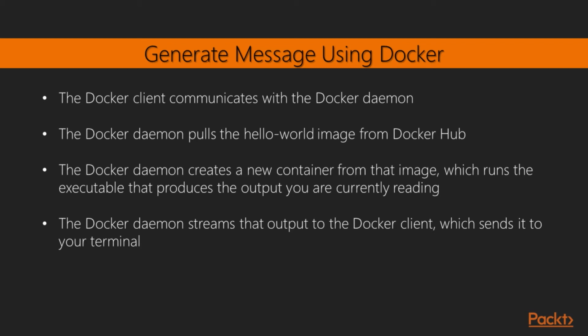Then, the Docker daemon pulls the hello world image from Docker Hub. After that, the Docker daemon creates a new container from that image, which runs the executable that produces the output you are currently reading. When the executable gets executed in a newly created container, the Docker daemon streams that output to the Docker client, which sends it to your terminal.